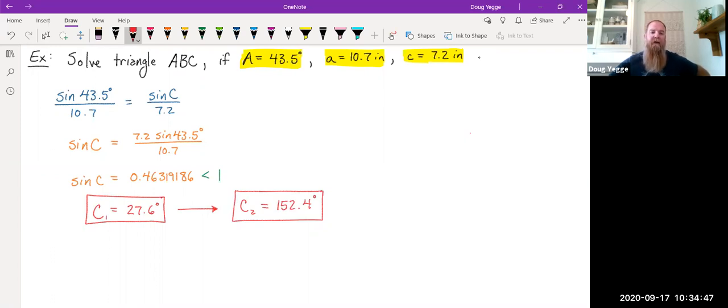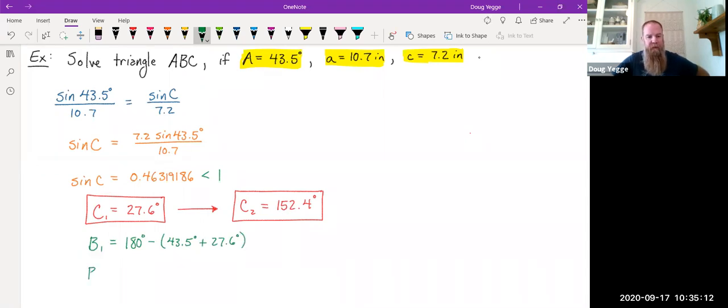So while we're at it, let's just go ahead and use that information to find angle B. So we'll call it B1. Now keep in mind that B1 is just 180 degrees minus 43.5 degrees, which was given, and 27.6 degrees, which was also given.